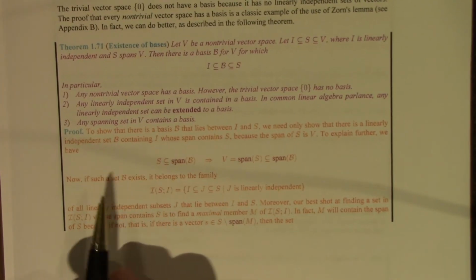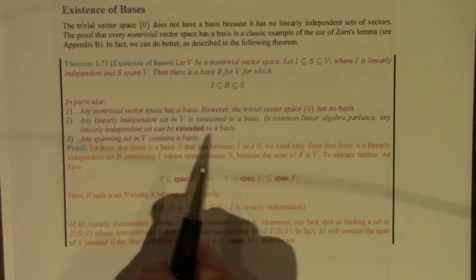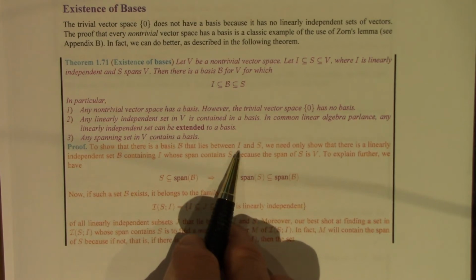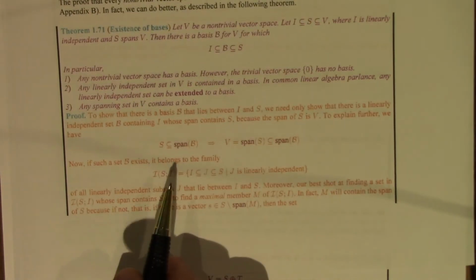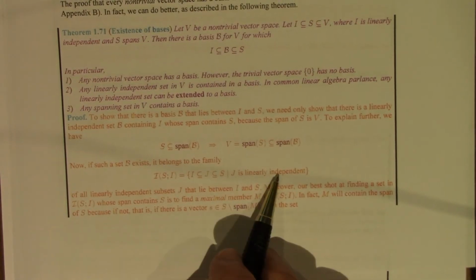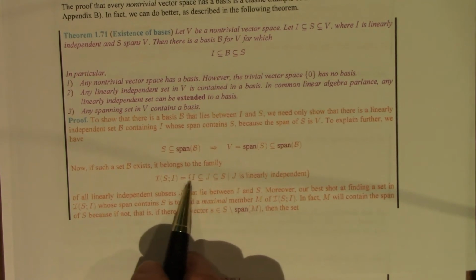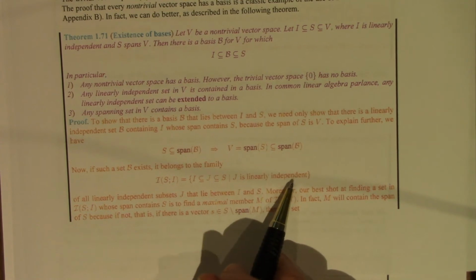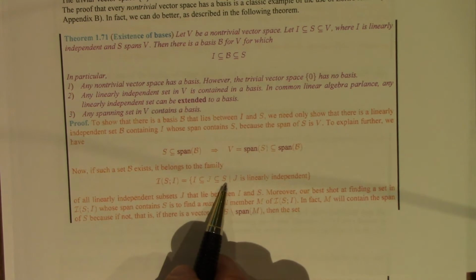So, if such a set exists, a linearly independent set containing I whose span contains S, it will belong to this family. It'll be a J here between I and S, and J will be linearly independent. If B exists, it's among this family.